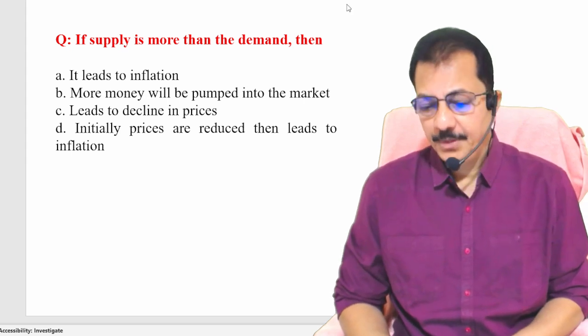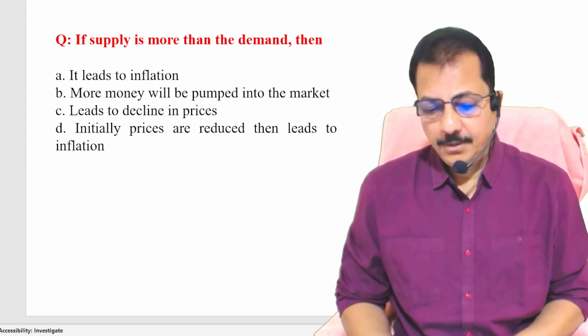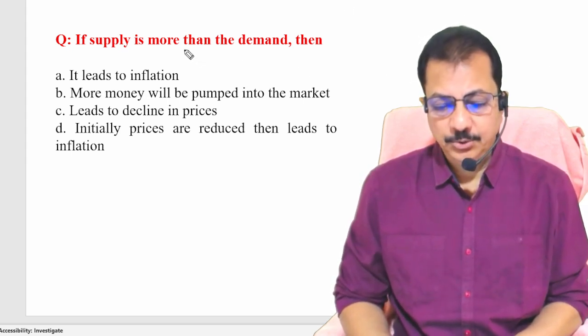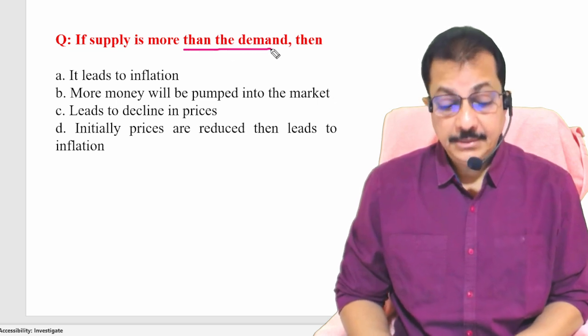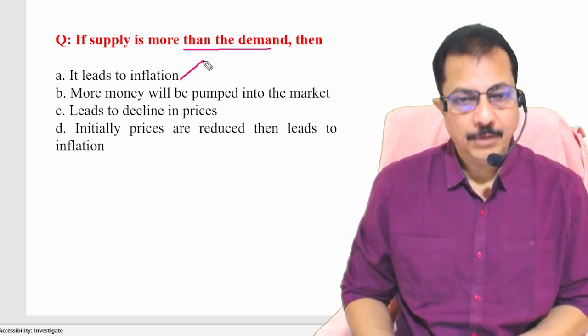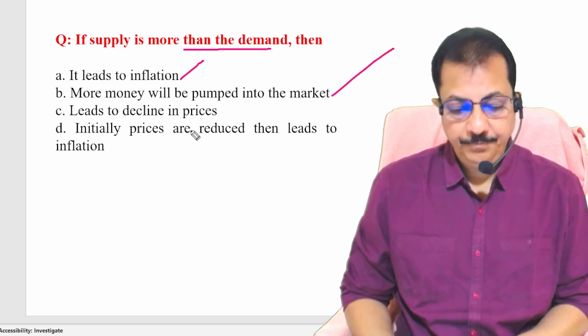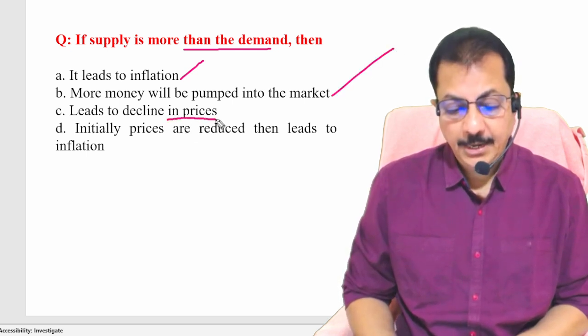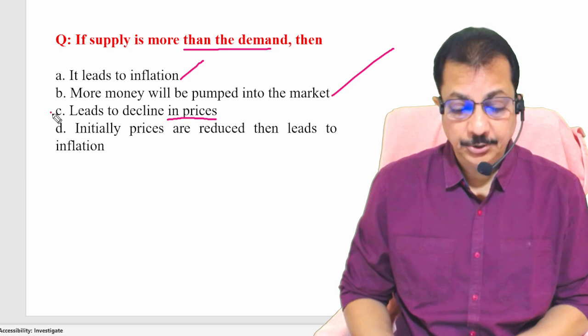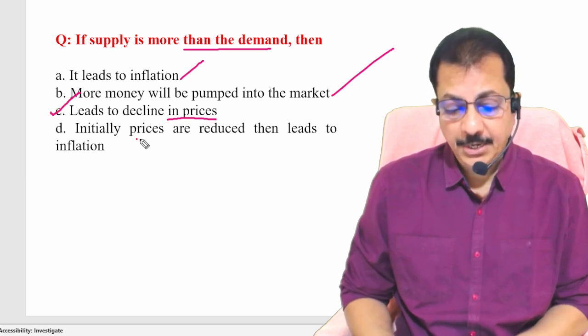Look at this. If the supply is more than demand, then it will lead to inflation. Wrong. More money will be pumped into the market. No. It leads to a decline in prices. Initially prices are reduced, then it leads to inflation. How will it be?